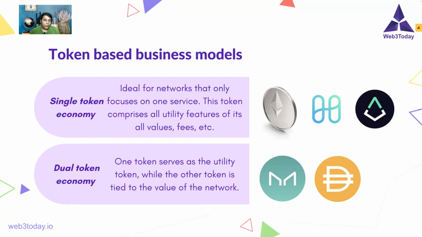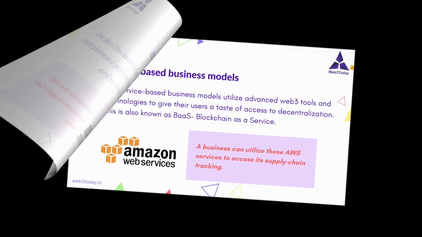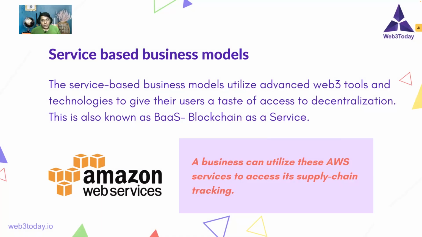In the case of MakerDAO, you have a governance token which can be used to become a part of the network, and then you have a stable coin, which is the core utility token, a decentralized stable coin which can be used within the Web3 or the crypto ecosystem. Similarly, governance token holders vote on proposals and decide how the roadmap should look, but at the same time they also have their stable coin DAI. So those are the two kinds of business model: single token economy based and dual token economy based.